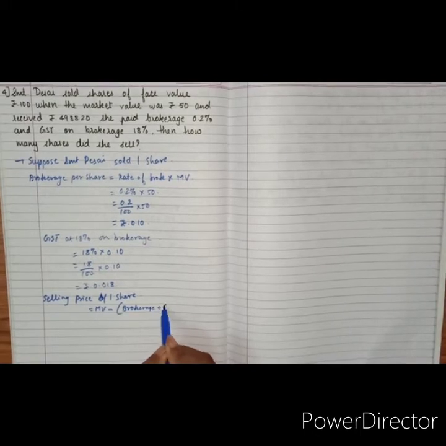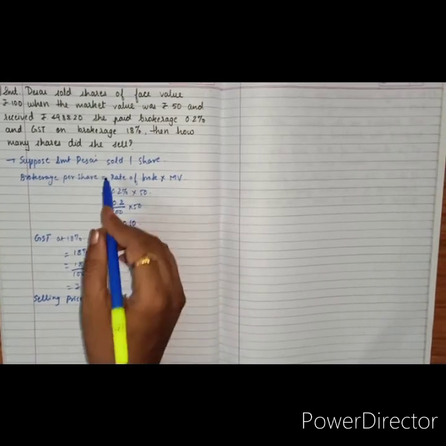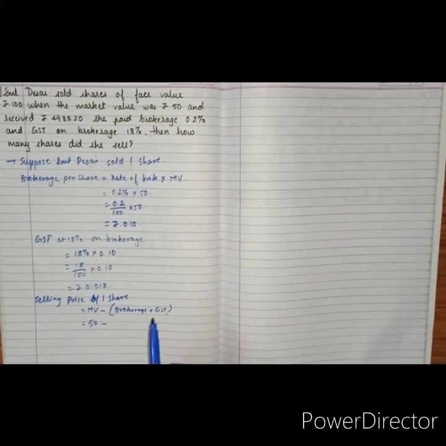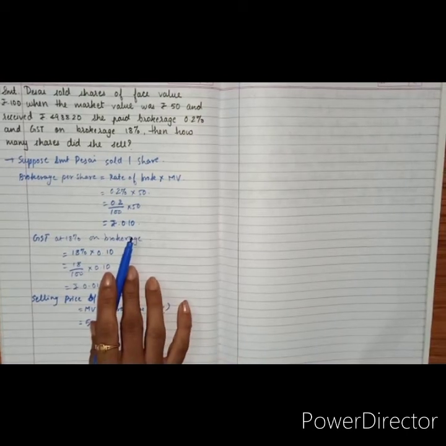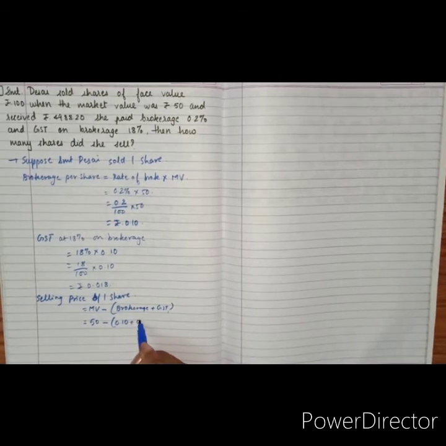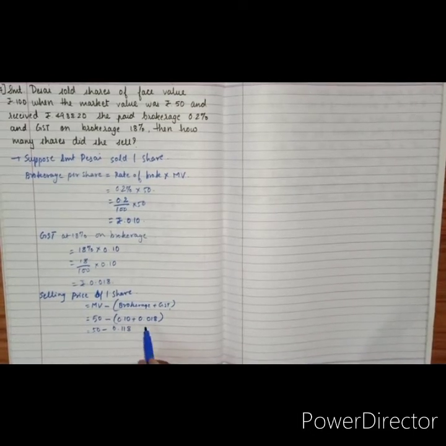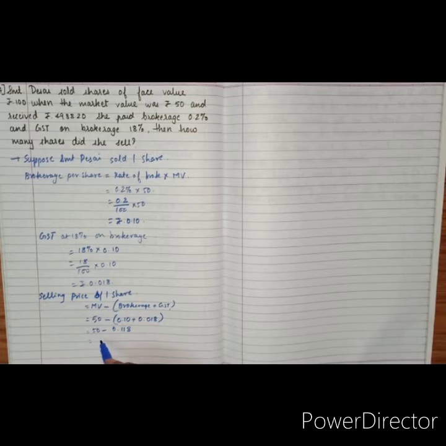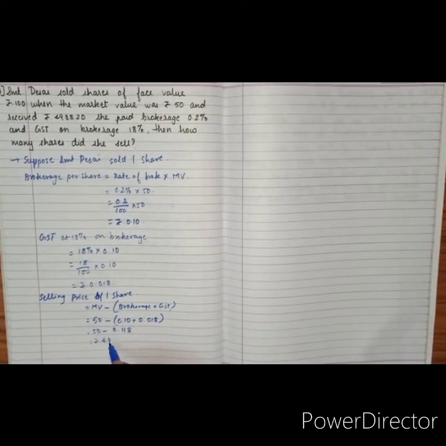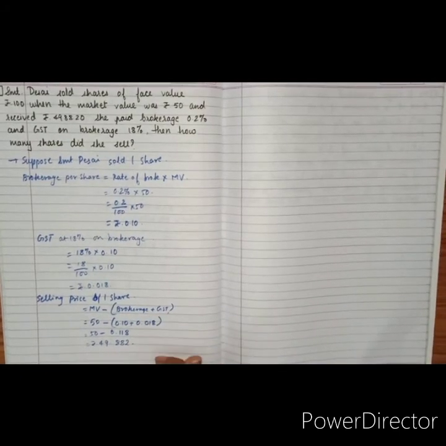Market value is 50. Brokerage we calculated 0.10, I'll put it in a bracket, and GST is 0.018. So 50 minus, adding them, 0.118. So the answer will be rupees 49.882, which is the selling price of one share.